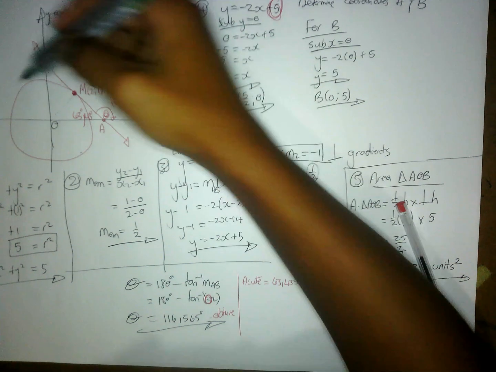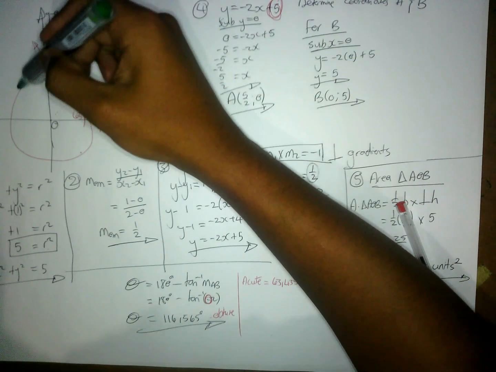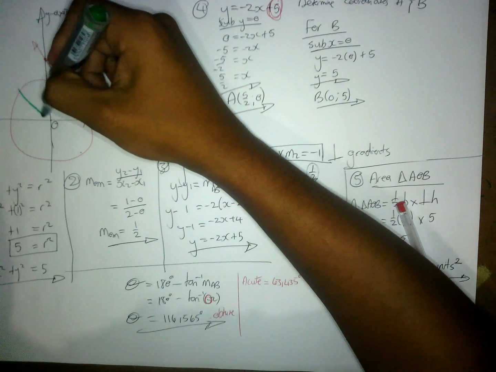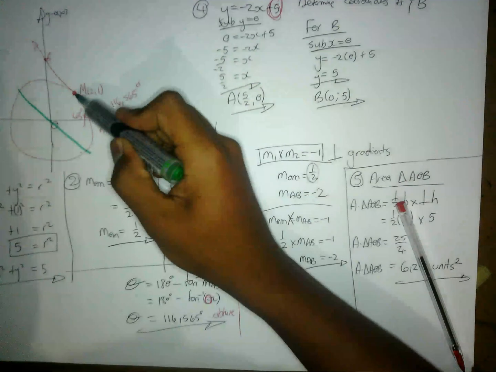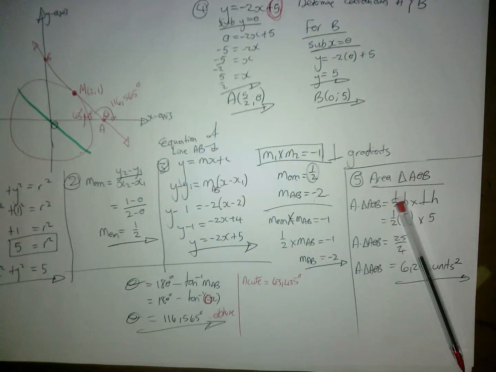So the line is passing through the origin, and this line is parallel to AB. Write down the equation of this line in the form y equals mx plus c. Can anyone give me this answer?